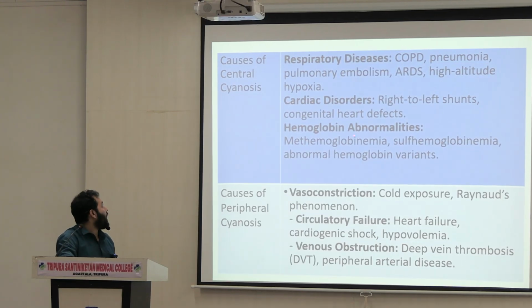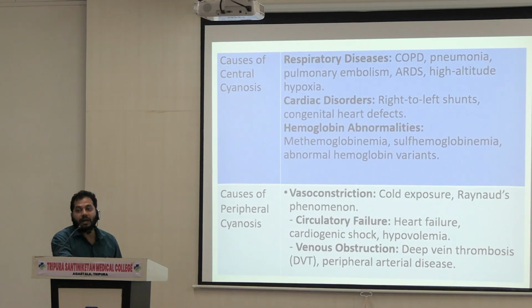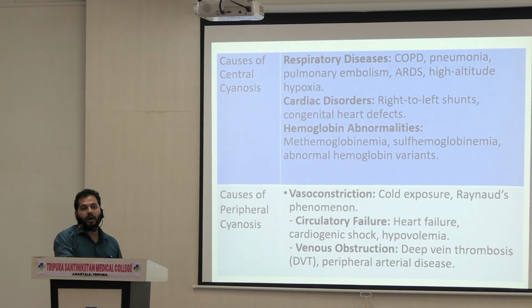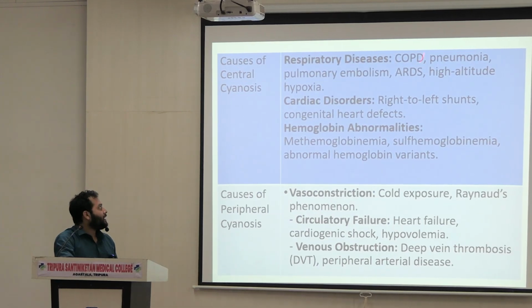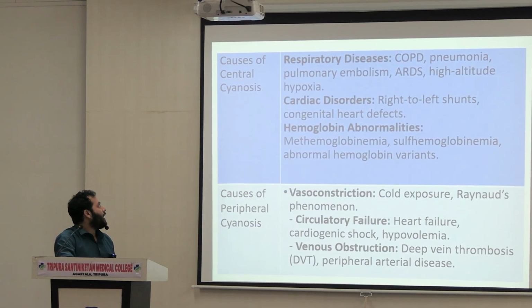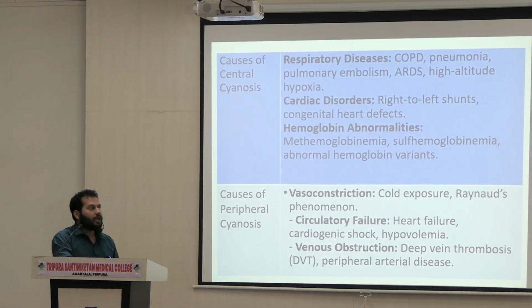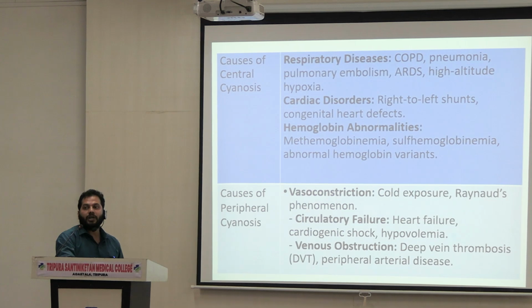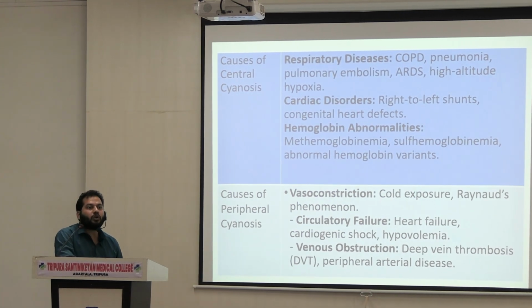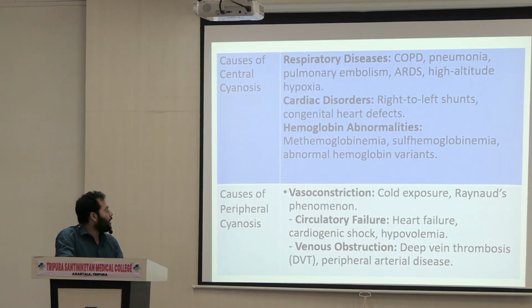All these are related with the development of central cyanosis. Now, what are the most important respiratory disorders that lead to central cyanosis? These are chronic obstructive pulmonary disease, pneumonia, and pulmonary embolism, along with acute respiratory distress syndrome, and even high altitude also leads to the development of central cyanosis.